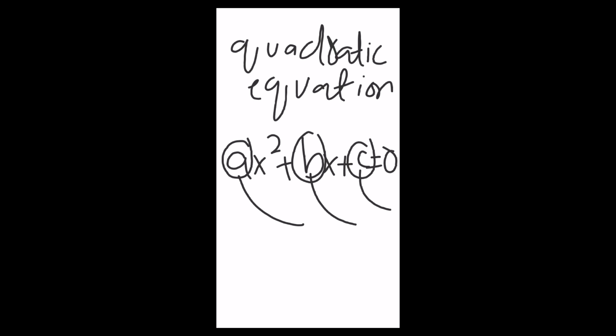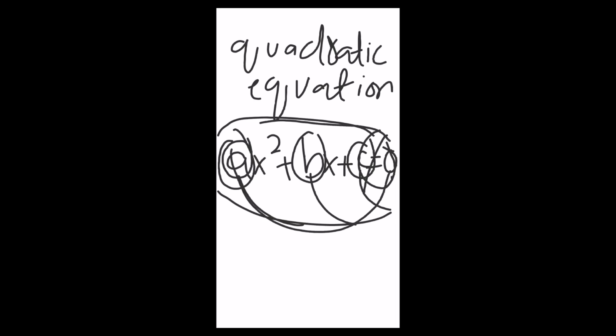You have to write the definition, you have to write the standard form, and you have to represent a, b, c with real numbers. And one thing more, a should not be equal to 0, otherwise the whole equation will become 0 as well.